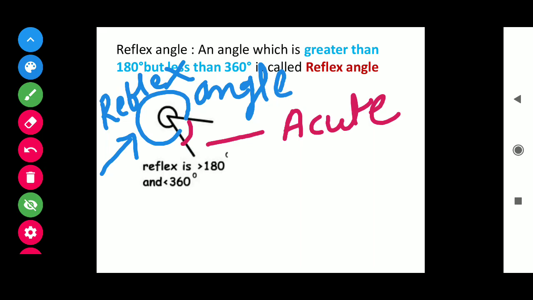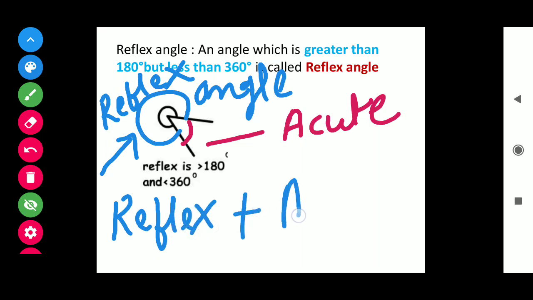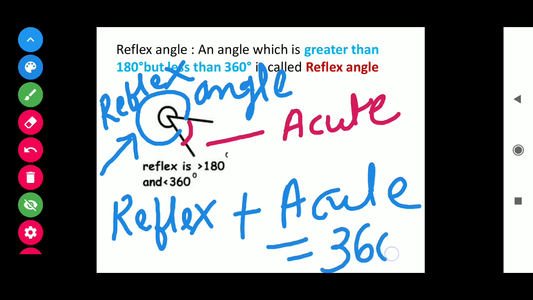Now one more thing I would like to tell you. Measurement of reflex angle plus acute angle, whatever it is, must be 360 degree. So if acute angle is given, you can easily find out reflex angle, and if measurement of reflex angle is given, you can easily find out acute angle.